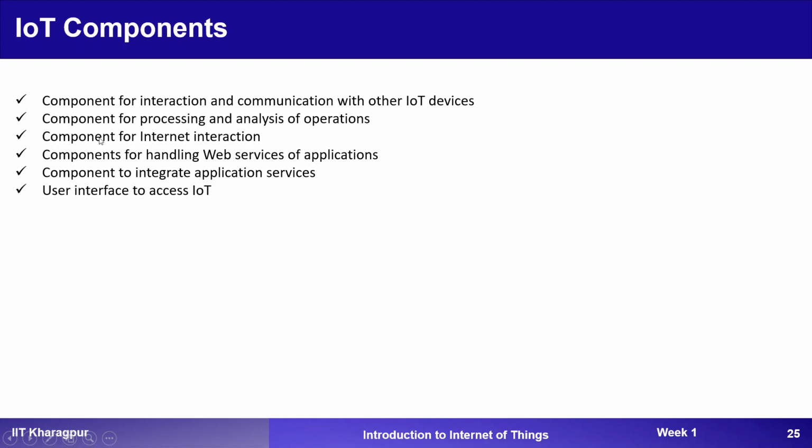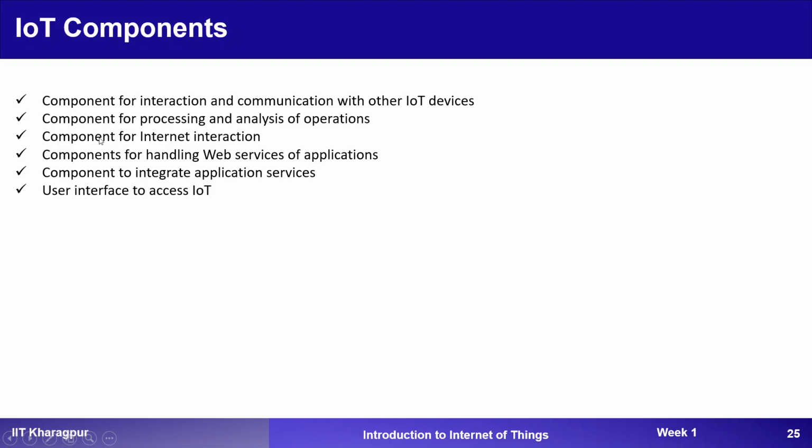Now this is the service oriented architecture of your IoT. There are 4 layers in this architecture. The first one is your sensing layer, in which all your sensors, RFID tags and actuators are present. After that, your network layer, with the help of which the devices present in the sensing layer can interact with each other.